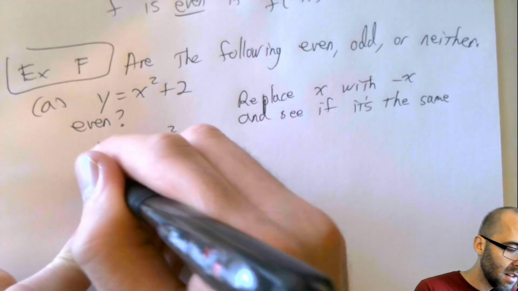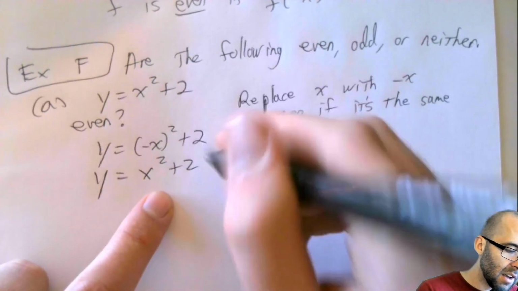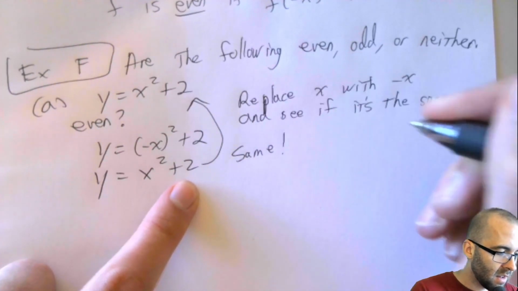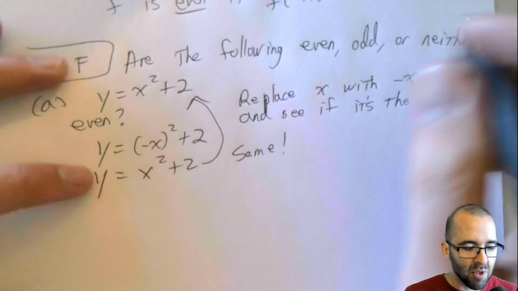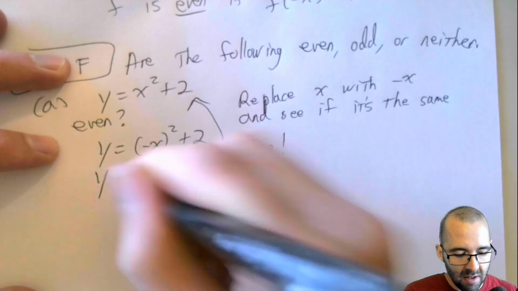Well, when we square that, that's y equals positive x squared plus 2. Oh, yeah. Same. So these are the same, so this is even.